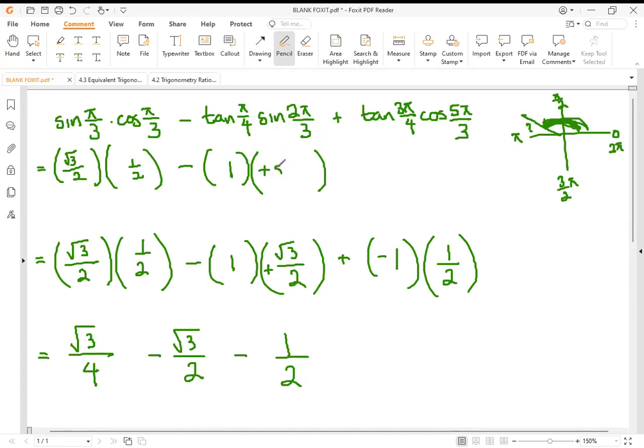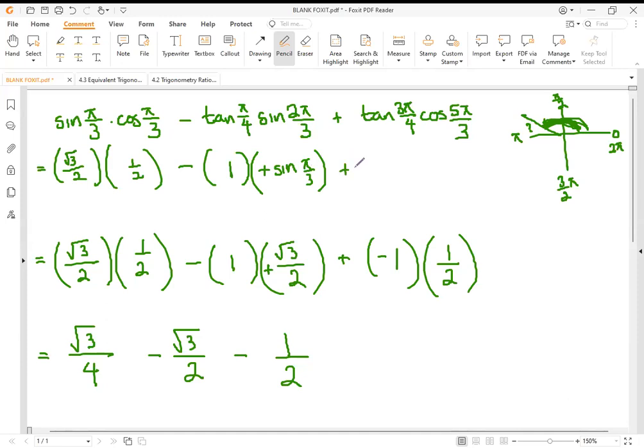This is equivalent to sine of 60, aka sine of pi over 3. So if you don't like it, turn it into degrees and solve it. It's so much faster because you've practiced it last year. But as time passes, I will ask you to get more and more used to radians.